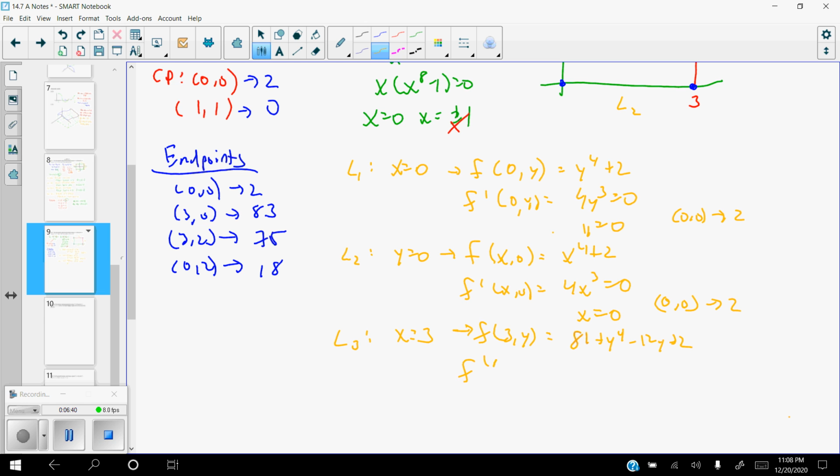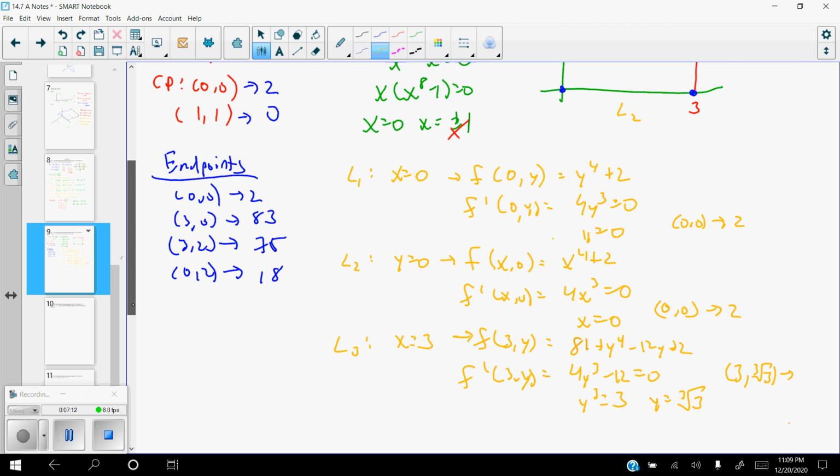So your derivative, the constants will go to 0, so you get 4y cubed minus 12 equals 0. So we actually will have something here. Adding 12 and dividing by 4, you get that y cubed equals 3, or y equals the cube root of 3. So that means we have the point (3, cube root of 3), which we have to plug back in.